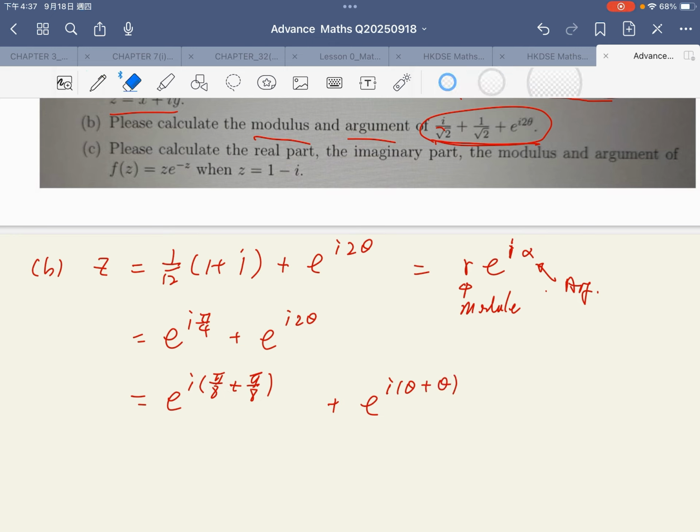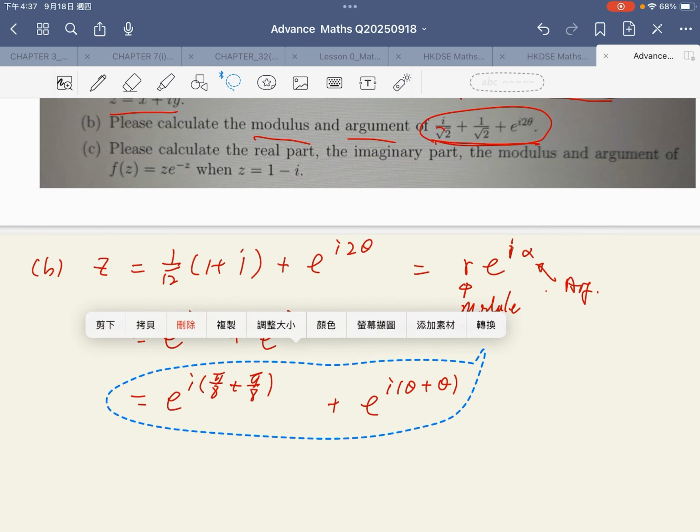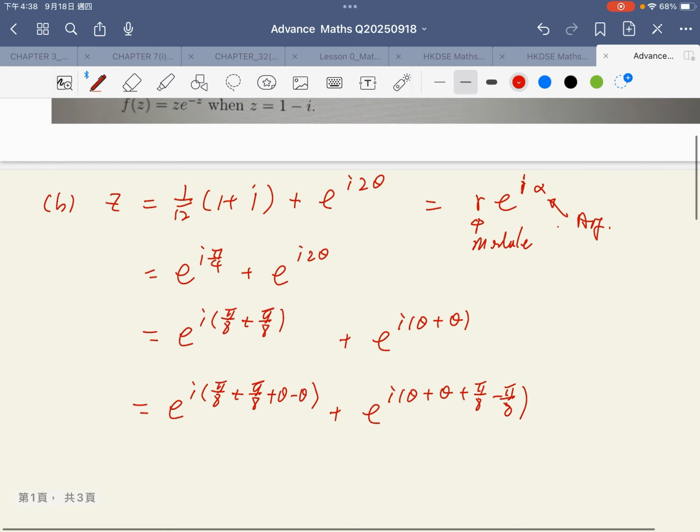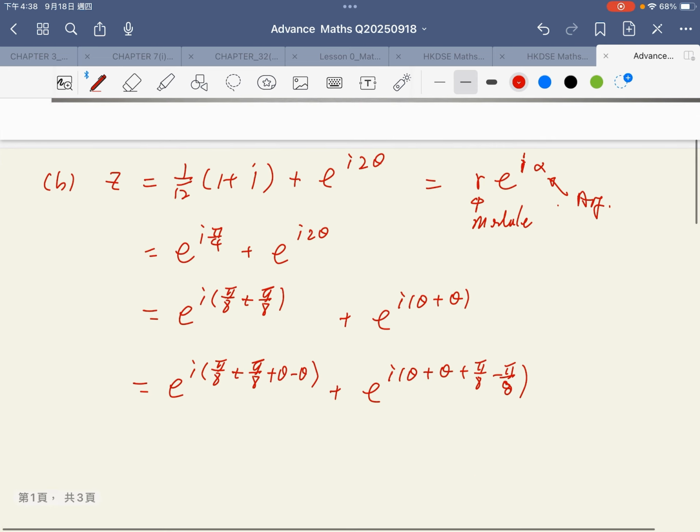Next, I add theta minus theta, and I add pi over 8 minus pi over 8. So crazy, I can't believe this works.